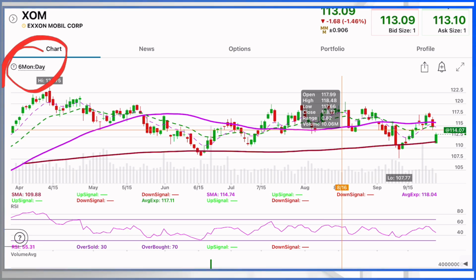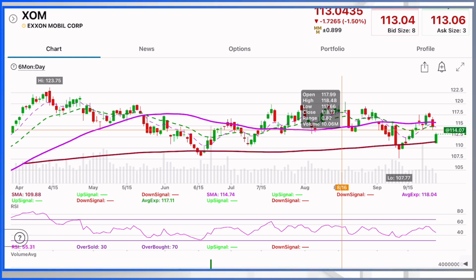You can see that the pattern in this stock, ExxonMobil, doesn't have a radical up move or a radical down move. It kind of stays in this pattern, at least for now. It won't stay in this pattern forever, but this is definitely one of the best candidates for this strategy because of this consistent pattern.